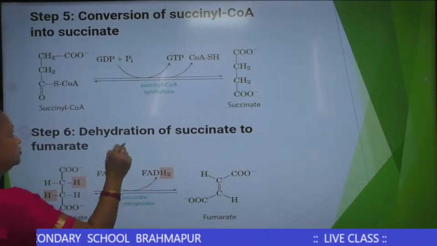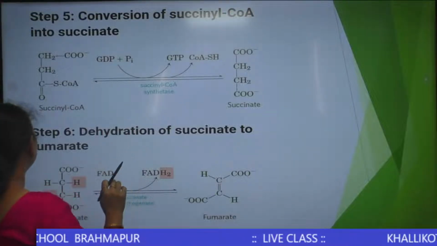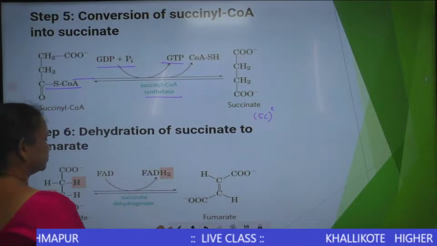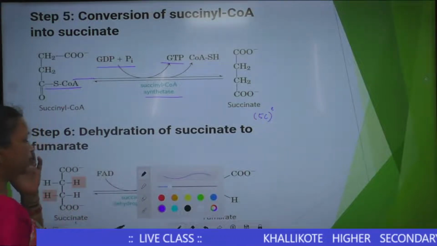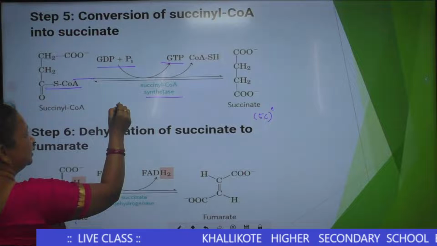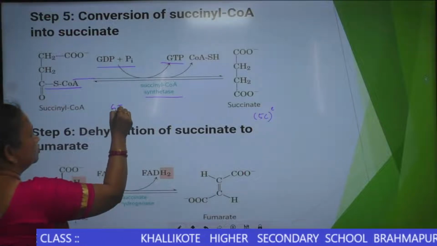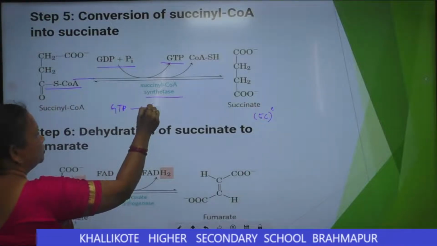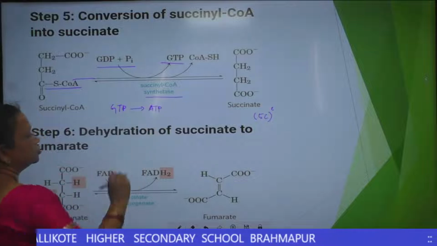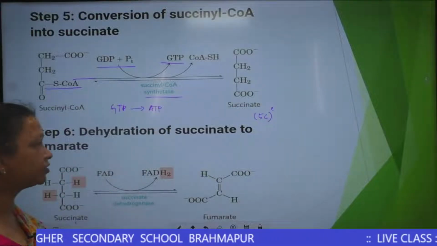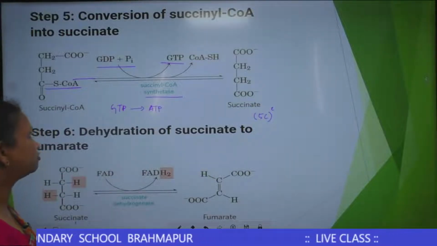This molecule of GTP that is produced will later on be converted into a molecule of ATP.